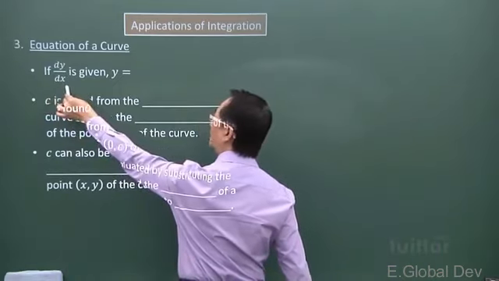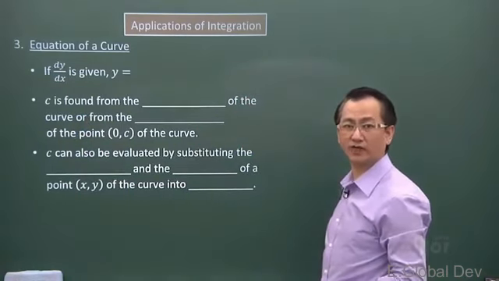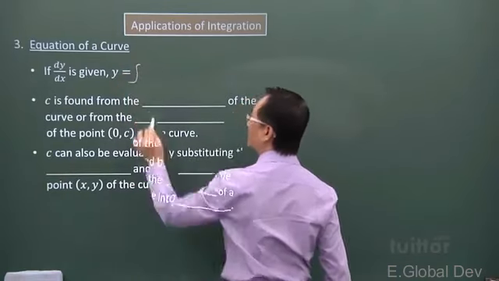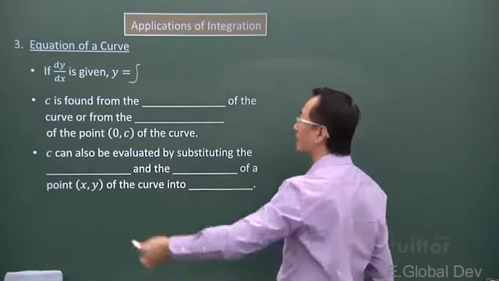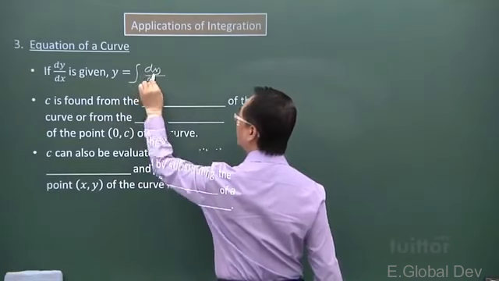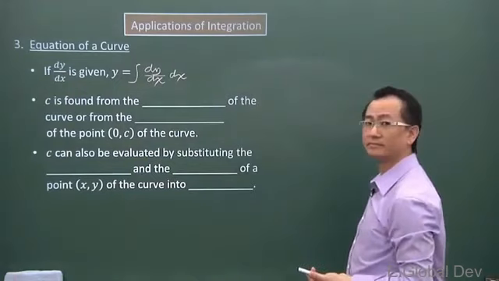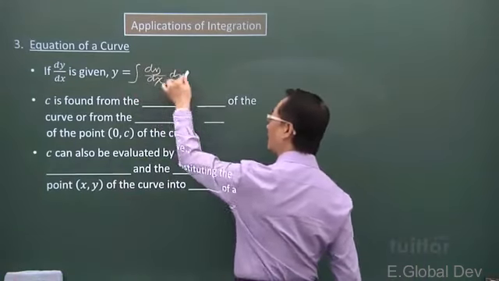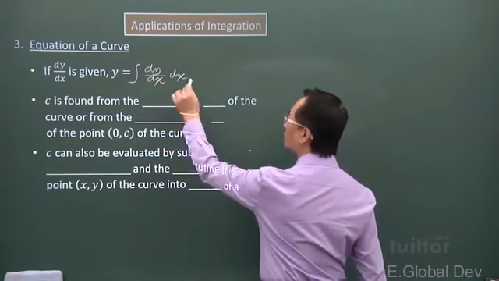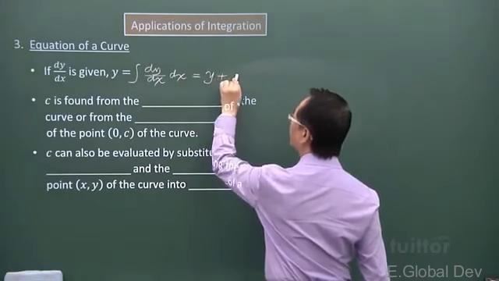If dy over dx is given, to find the equation of the curve, I would then have to involve indefinite integration. So y equals the integration of the first derivative with respect to x. This is the result we had in the last slide. Of course, when you do that, you will have y plus c.